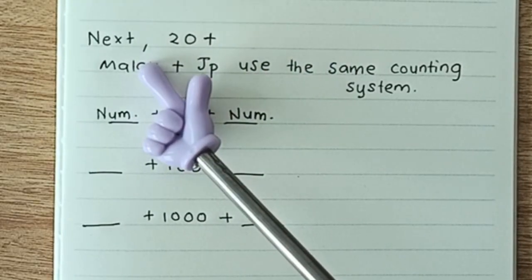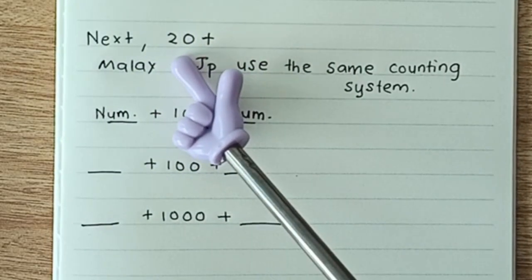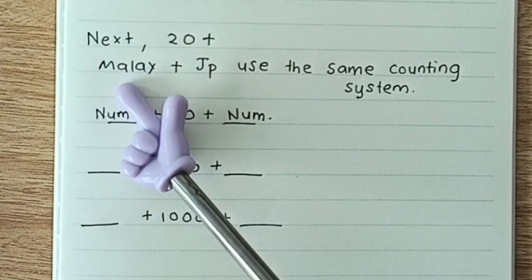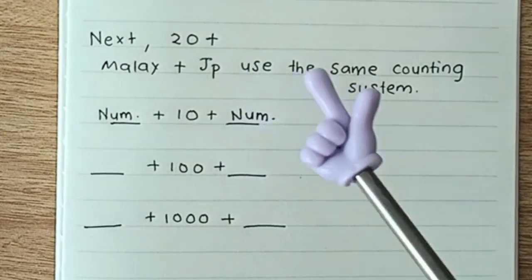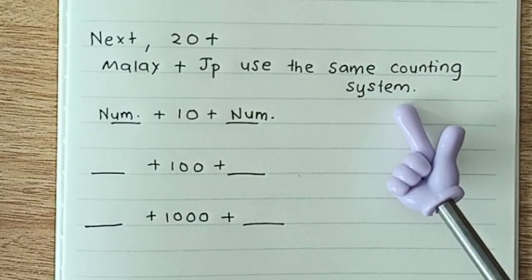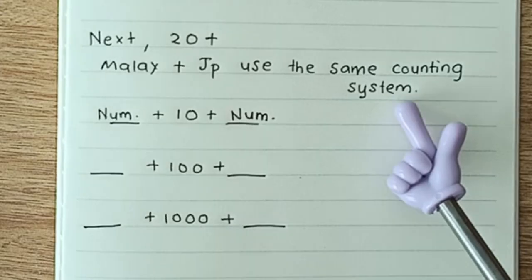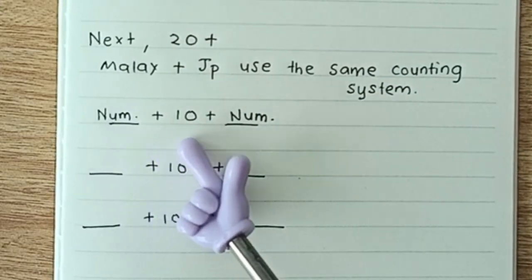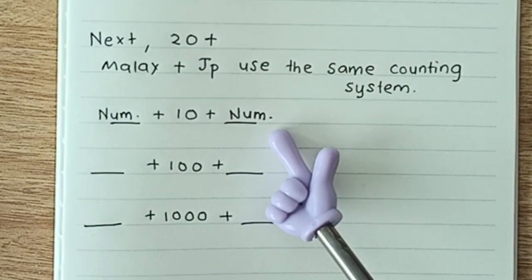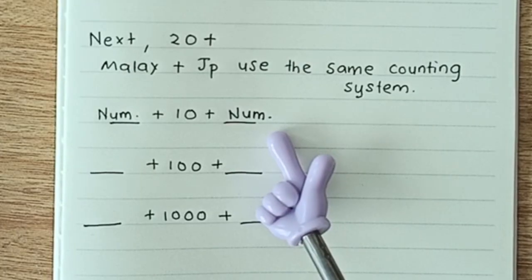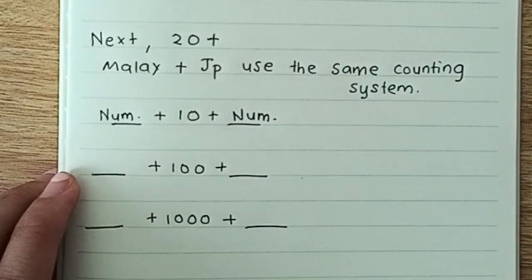Next, when we count over 20 in Malay and Japanese, we use the same counting system. We say the number plus 10 plus number.